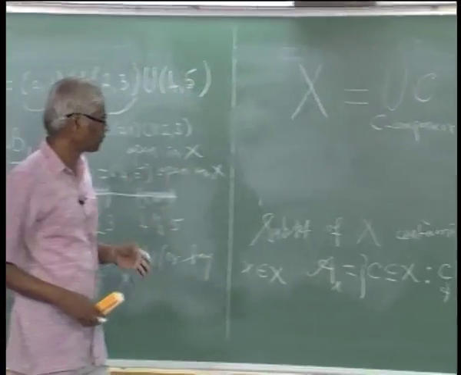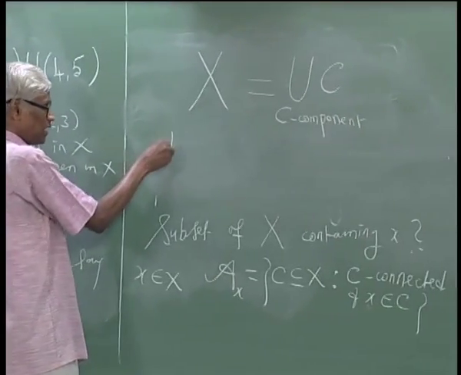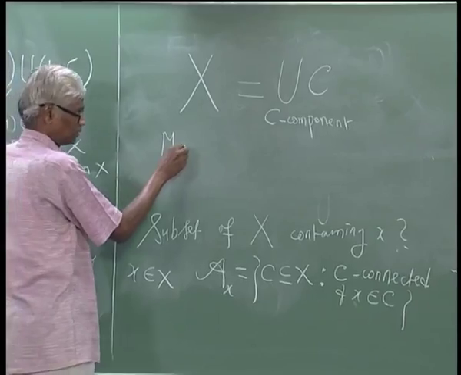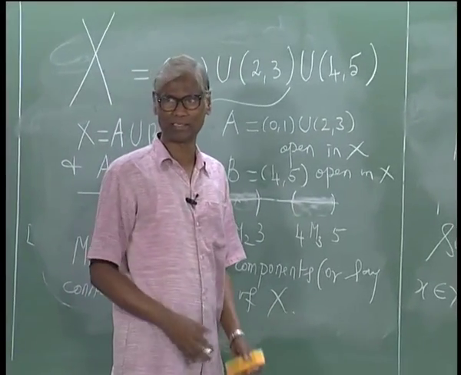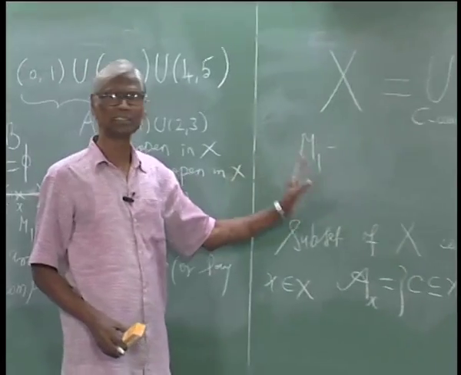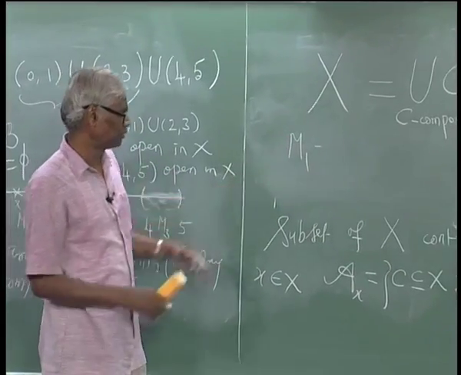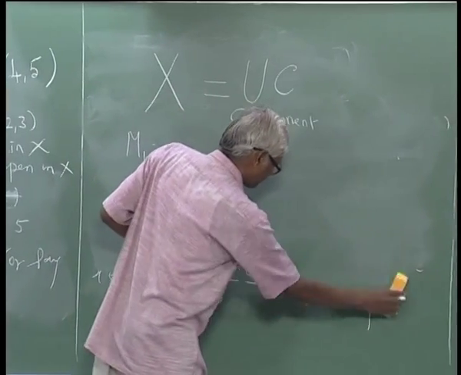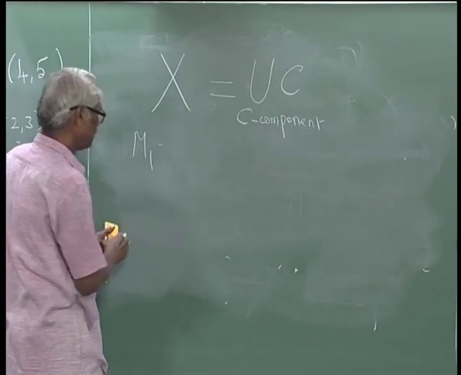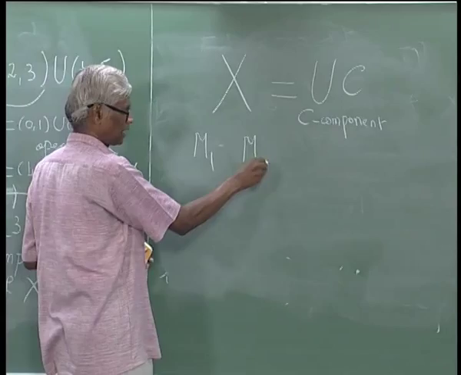Also, suppose let us say M1 is a component, that means M1 is a maximal connected set containing some point, and M2 is a maximal connected set.